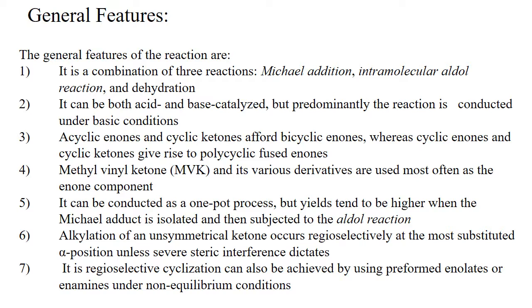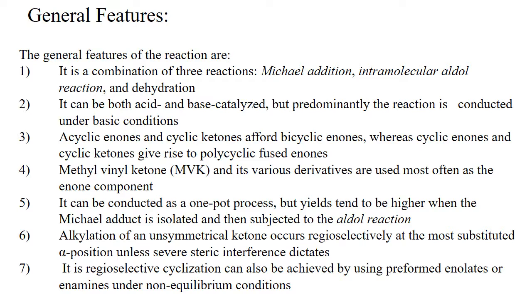So, I am telling you that the Michael adduct contains two carbonyl groups within a molecule, and it is a 1,5-dicarbonyl system. When this Michael adduct is subjected to aldol reaction, first of all one carbonyl will be converted to the enolate.